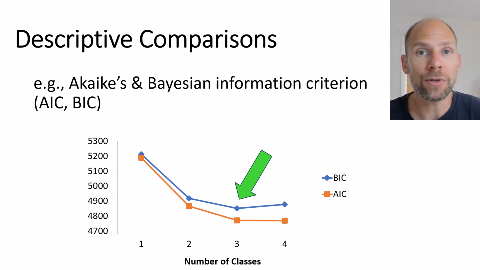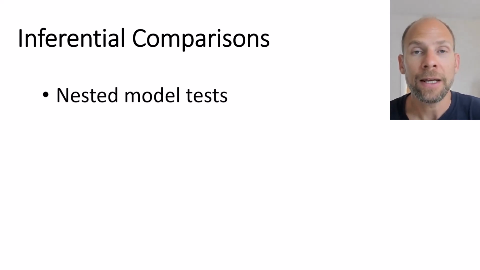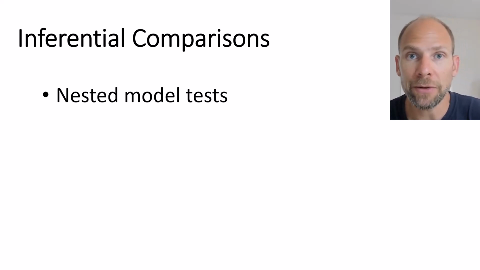And so there's also the possibility of statistically comparing different latent class models using inferential statistics, meaning tests of significance, and that can be done because latent class models with different numbers of classes are nested models.